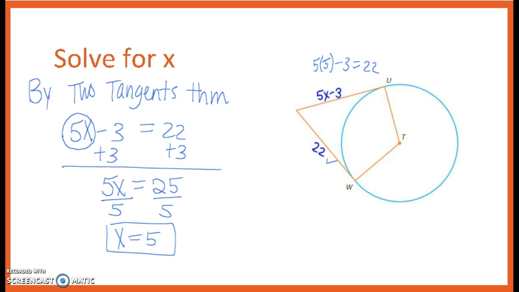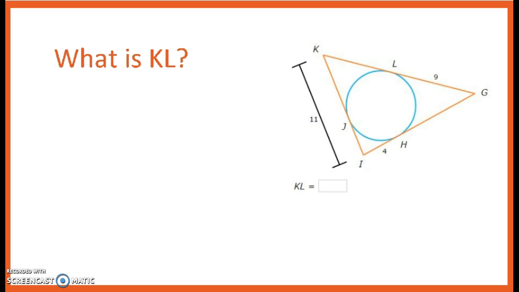Let's take a look at a second type of problem involving the two tangents theorem. So here we're given a triangle KGI and lengths of various segments around this triangle. Notice that this triangle is surrounding the circle. So we say that the circle is inscribed in the triangle.